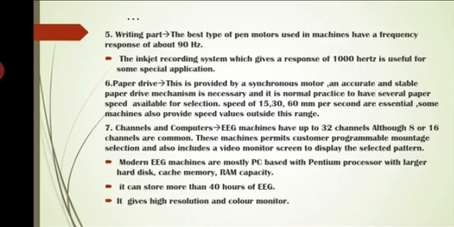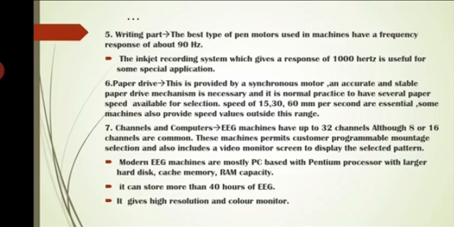An accurate and stable paper drive mechanism is necessary, and it is normal practice to have several paper speeds available for selection. Speeds of 15, 30, 60 mm per second are essential. Some machines also provide speed values outside this range.